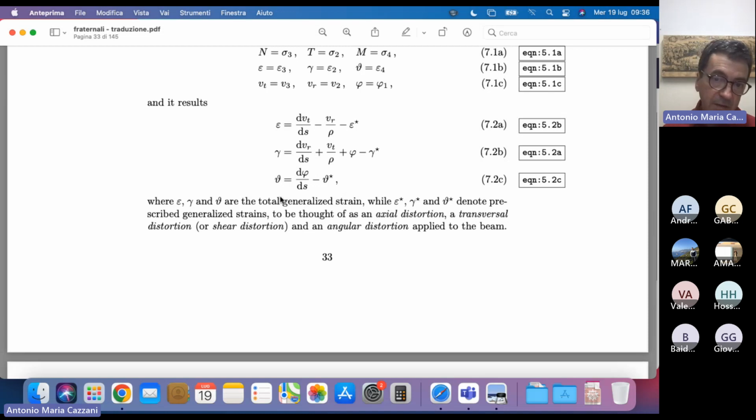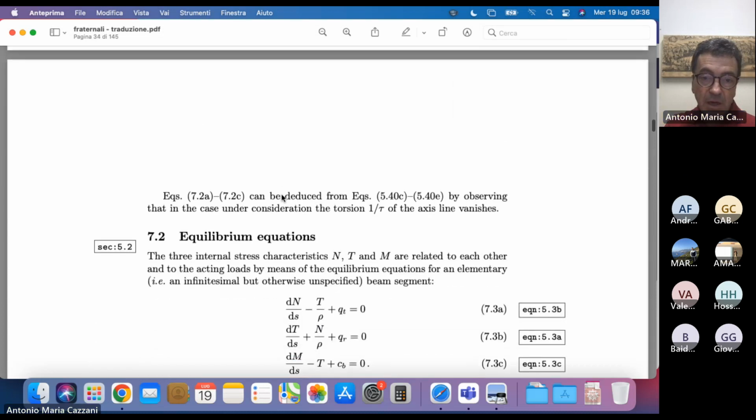Instead, on the left-hand side, epsilon, gamma, and theta must be thought of as not the total generalized strain, but the generalized strain associated to the stresses by the constitutive law.